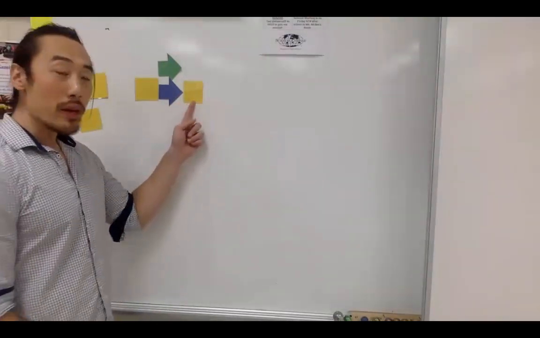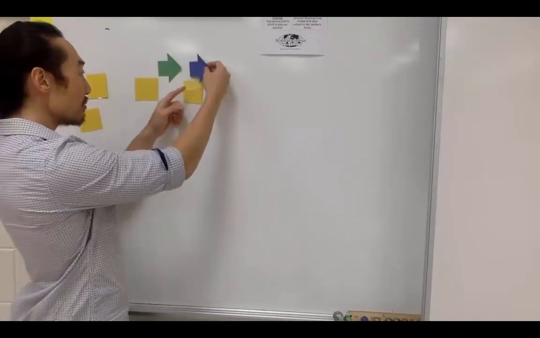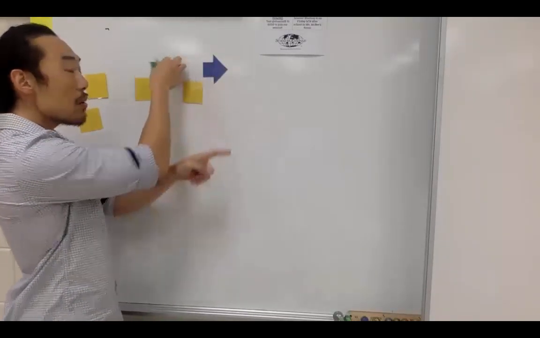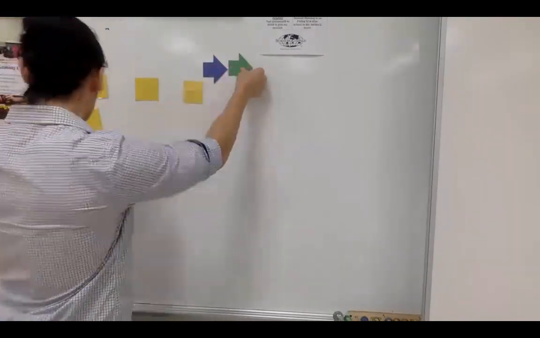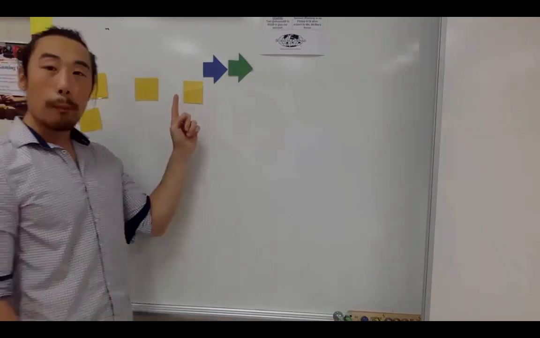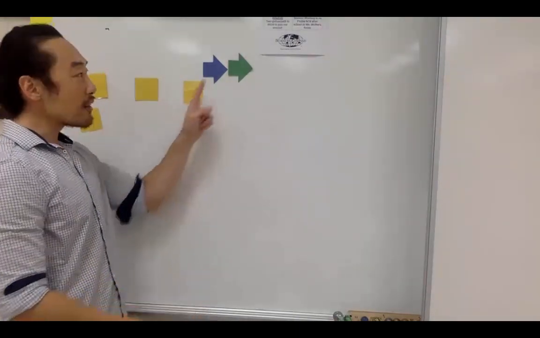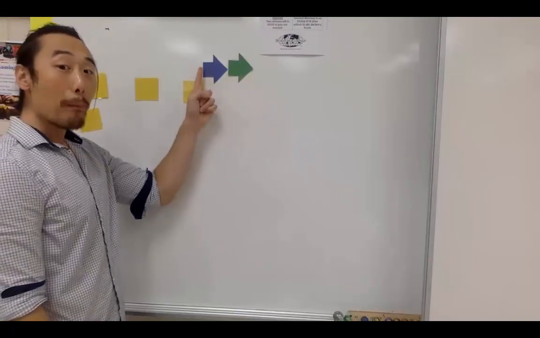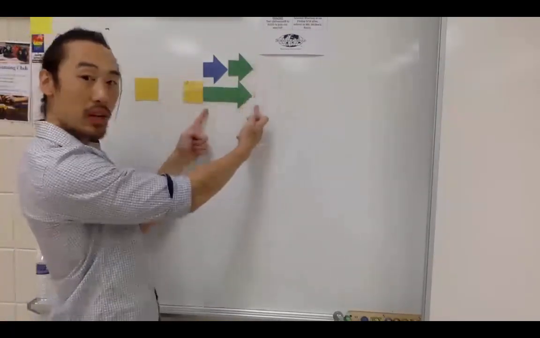Now, at that moment, this object has this velocity, but it is also undergoing an acceleration. So upon this position, this object will have this velocity plus this acceleration, like so. You see how it lines up?